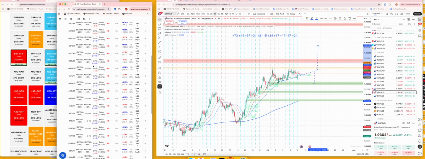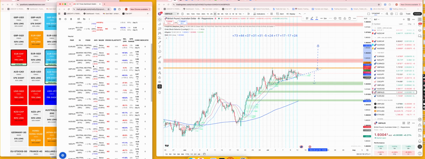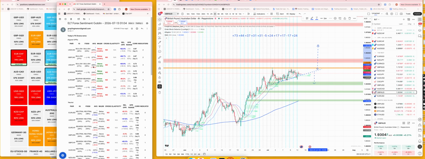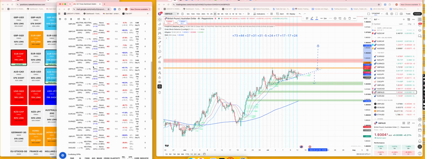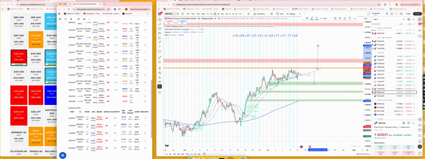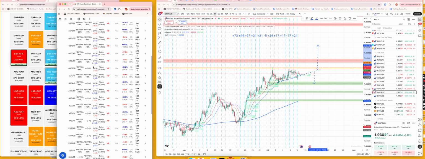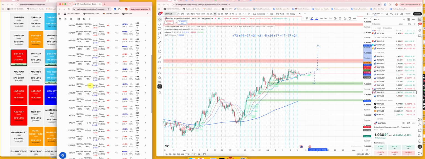Pound Aussie. I'm sorry. Neutral plus 51. So if you look at the end of last week, it was 20.